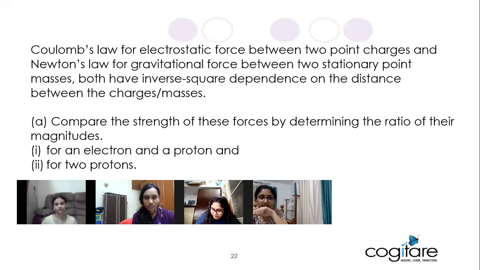So we just have to find the strength of electron and proton and 2 protons and compare the strength of the forces. Then what is he talking about? Newton's law of gravitational force and electrostatic force. He's talking about two things, no? Yeah, we probably have to take both of those and then compare the ratio. What do you mean by we have to take those two?